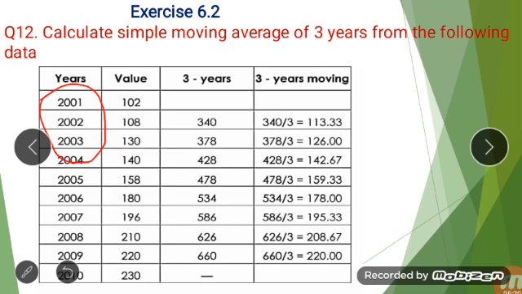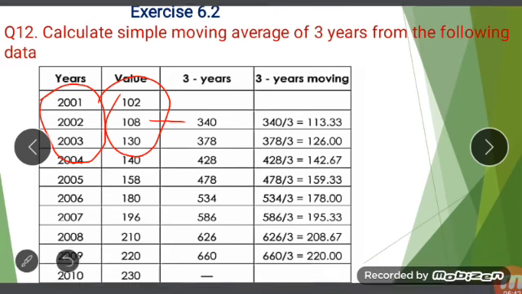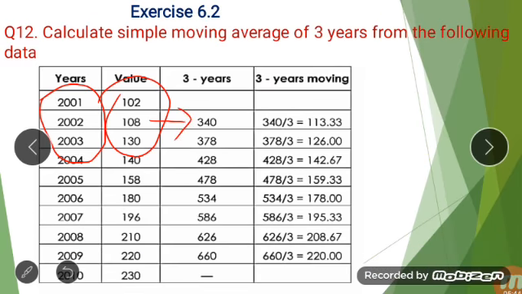Since we are taking 3 years, we have to take 3 values from here. We have to find the total for calculating average. The total of 102 plus 108 plus 130 is 340. Now, in order to find the average, we have to divide it by 3 because we have 3 values. So the average will be 113. Here you can write 3 years total.